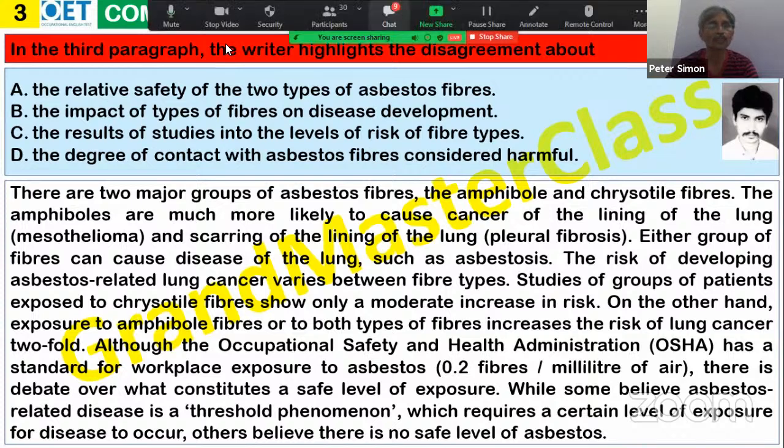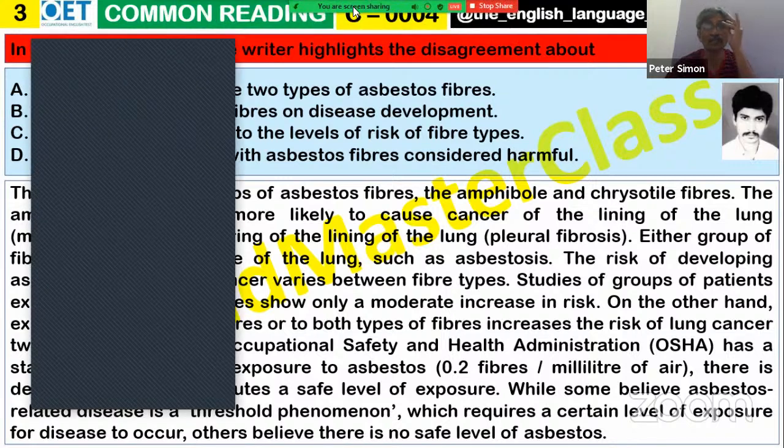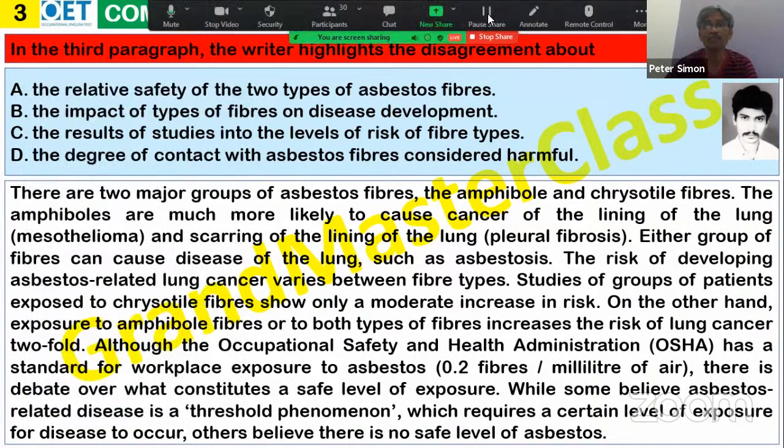Okay. Now don't type anything in the chat box. I am passing the screen for you, and now hiding floating. So you can just prepare.